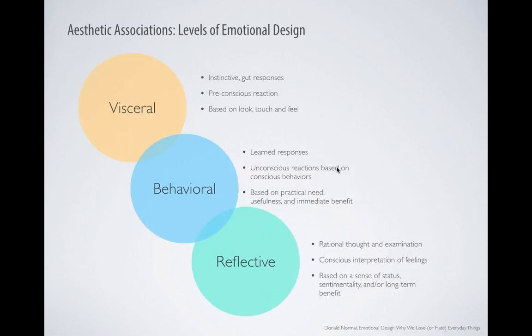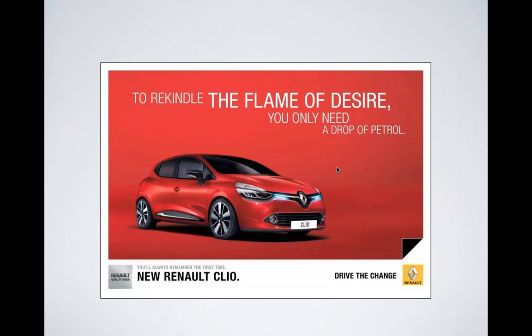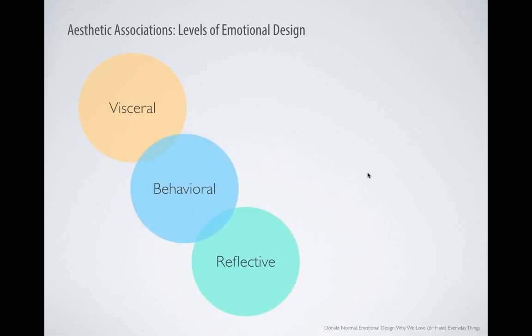And the reflective design is conscious. This is that frontal lobe that makes us uniquely human, that we're able to put rational thought into things and interpret things. So we see something and it makes us think.